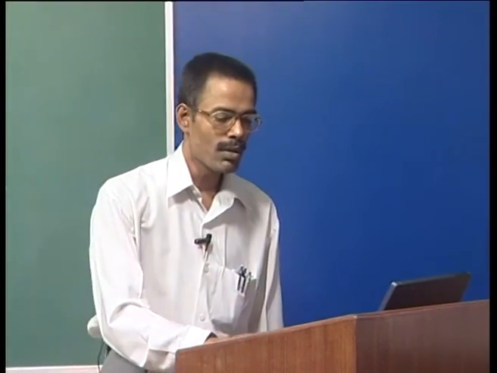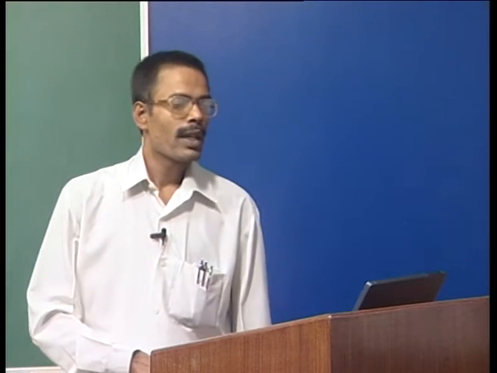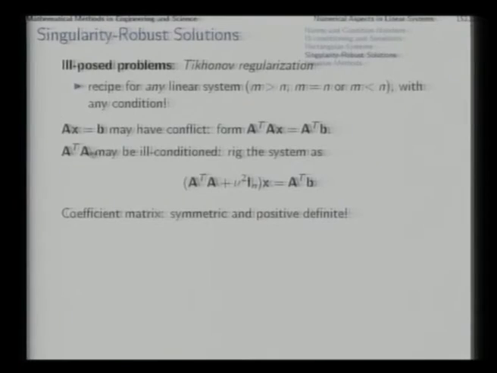Then what you can do is that in order to handle this matrix which may be ill conditioned, you rig the system of equations, add a little nu square in the diagonal entries, that is equivalent to adding nu square identity to this matrix. So, as you add this, you enrich the diagonal entries by a little amount.